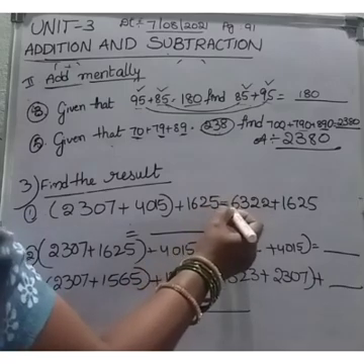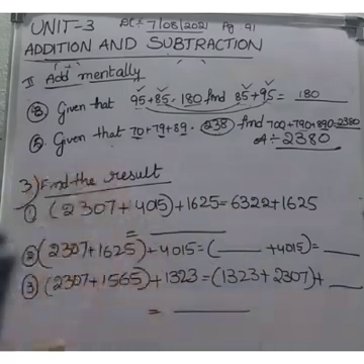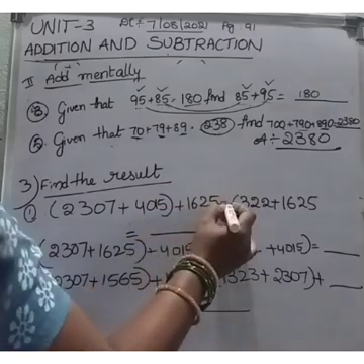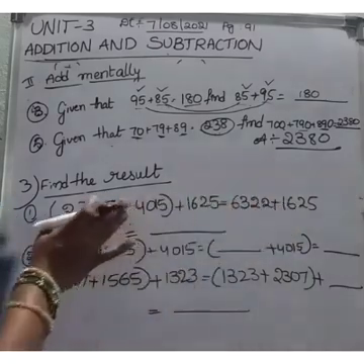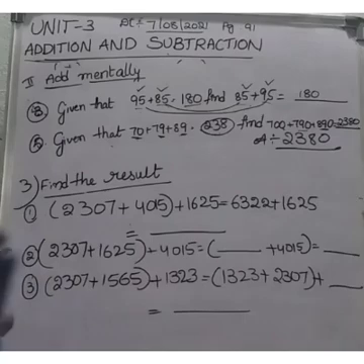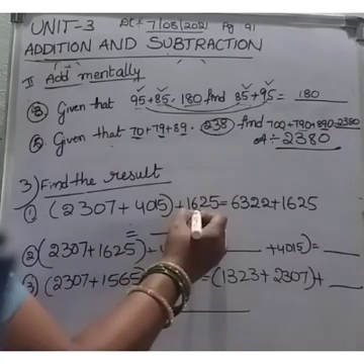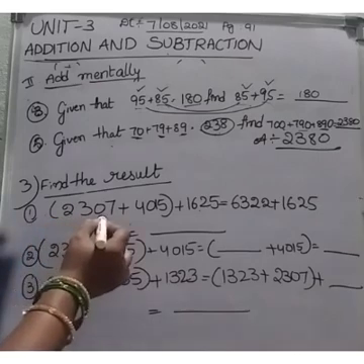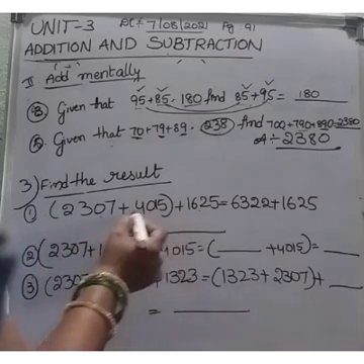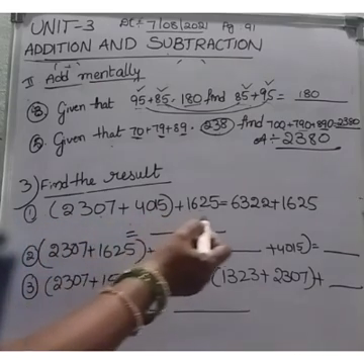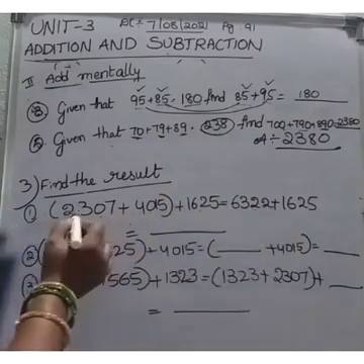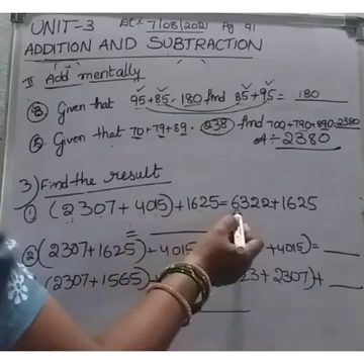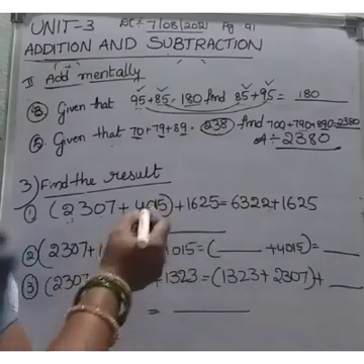Equal to means both sides are the same numbers. 1625 is here and here also. 2307 and 4015 are there. In these two numbers in one bracket, now add; we have to get 6322.